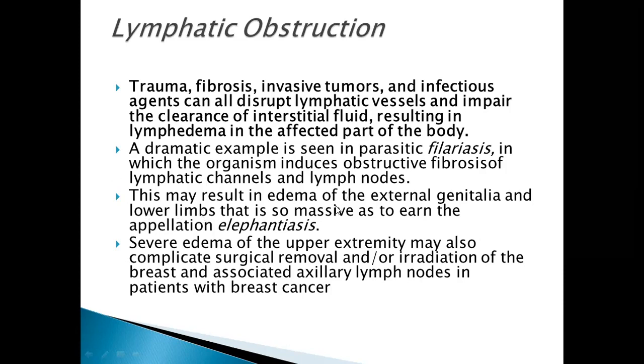This may result in edema of the external genitalia and lower limb that is so massive as to earn the appellation elephantiasis. Severe edema of the upper extremity may also complicate surgical removal and or irradiation of the breast and associated axillary lymph nodes in patients with breast cancer.